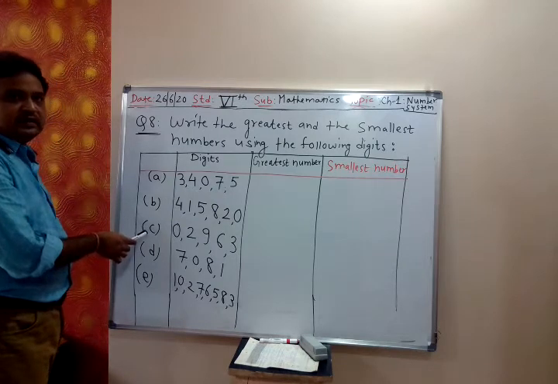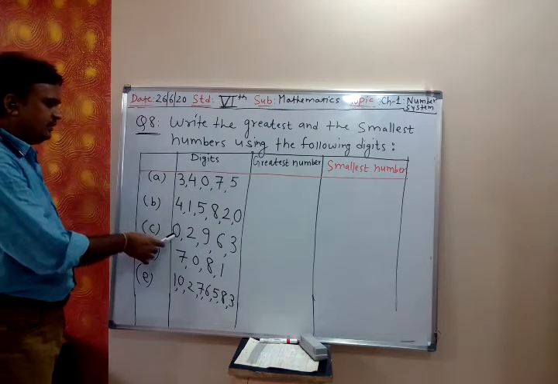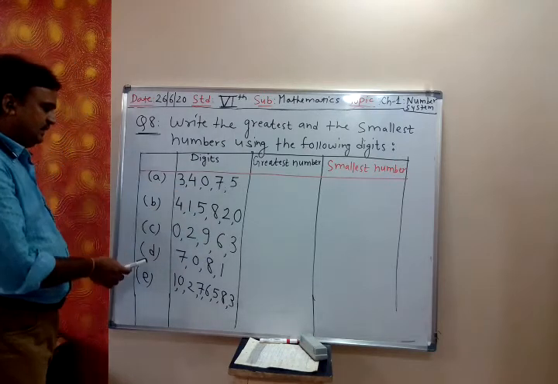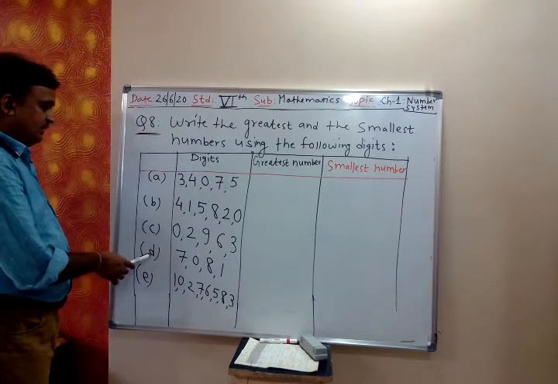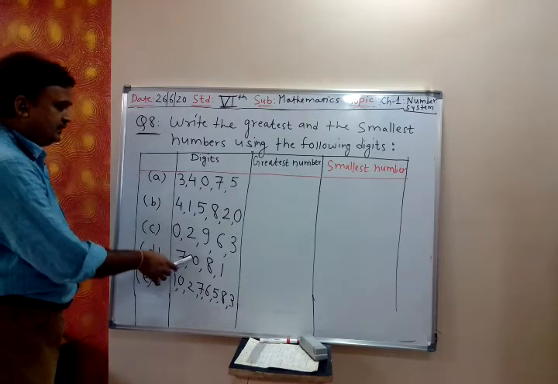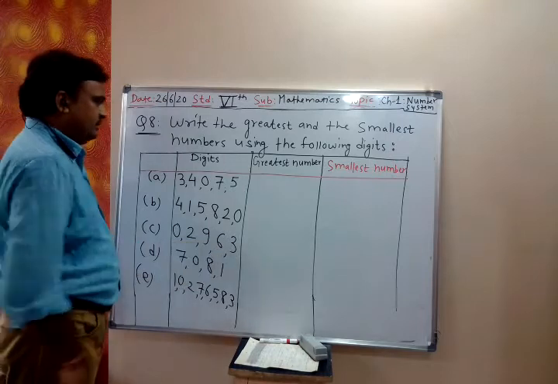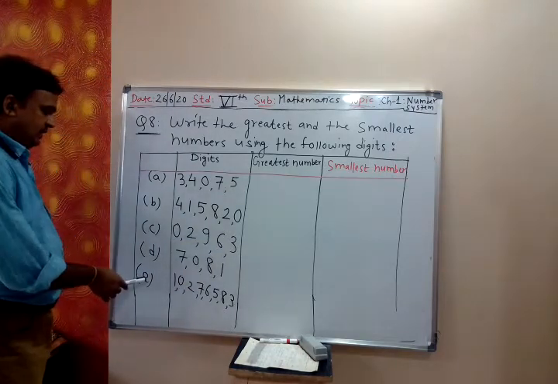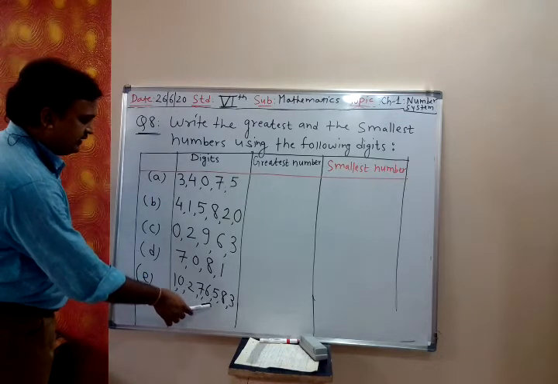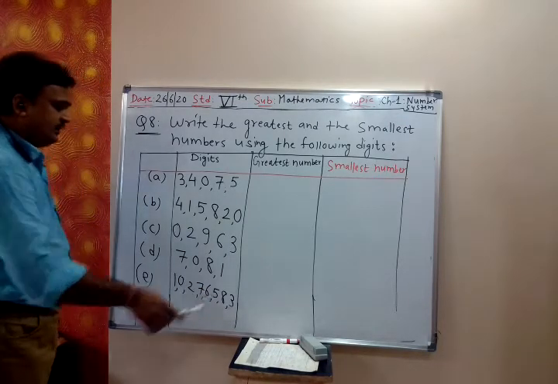Question C: the digits are 0, 2, 9, 6, 3. D part is 7, 0, 8, 1.